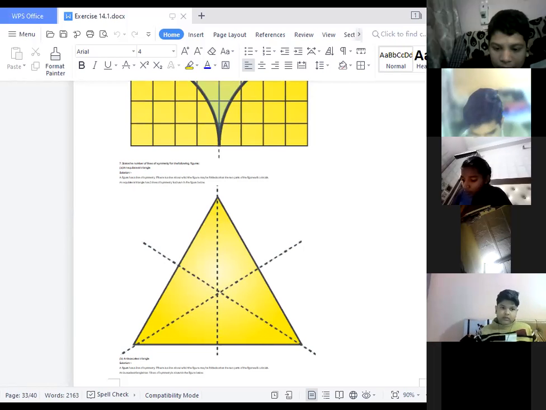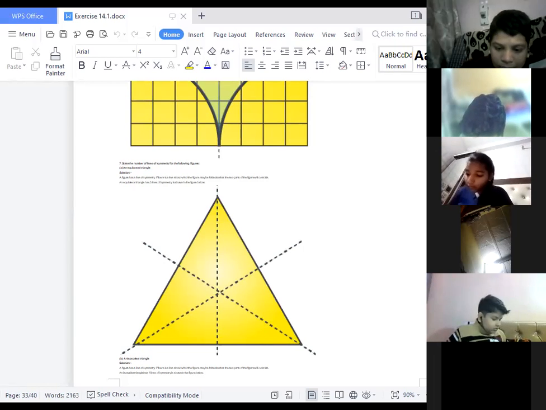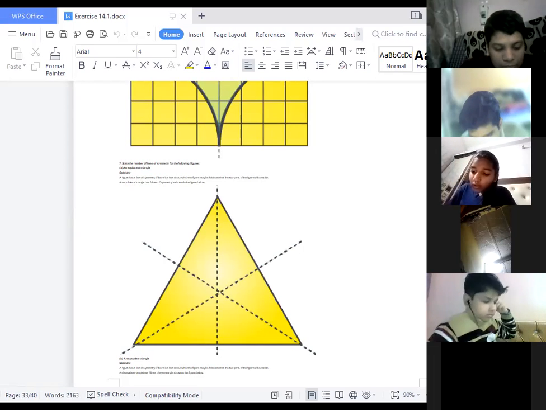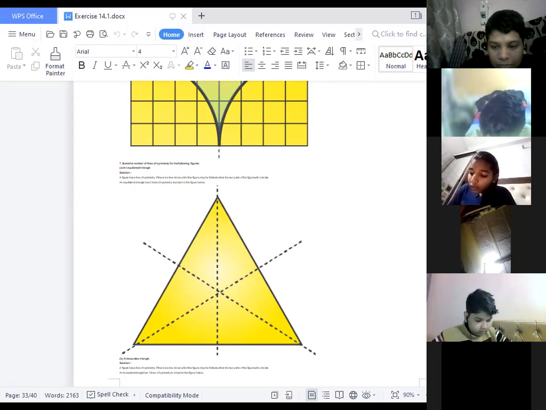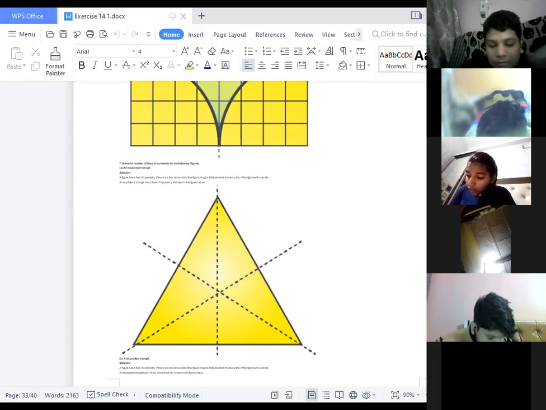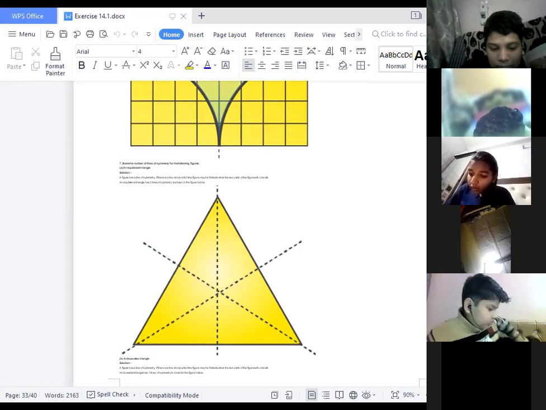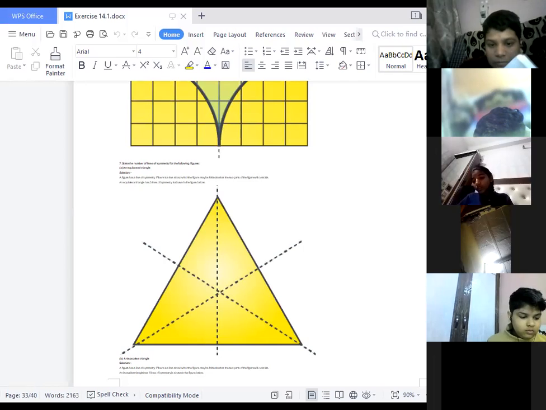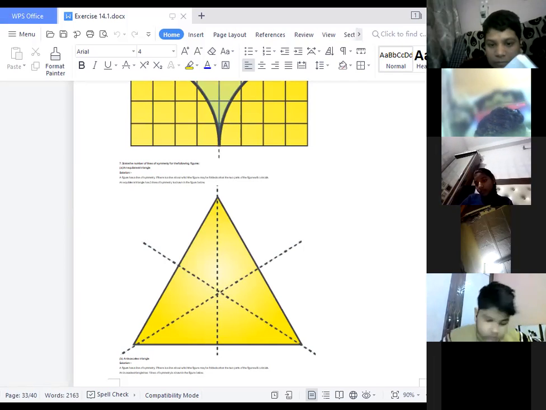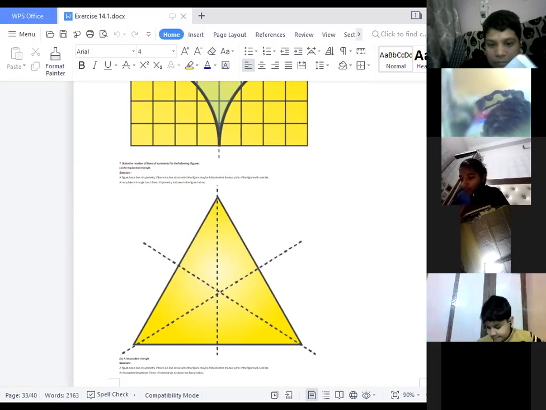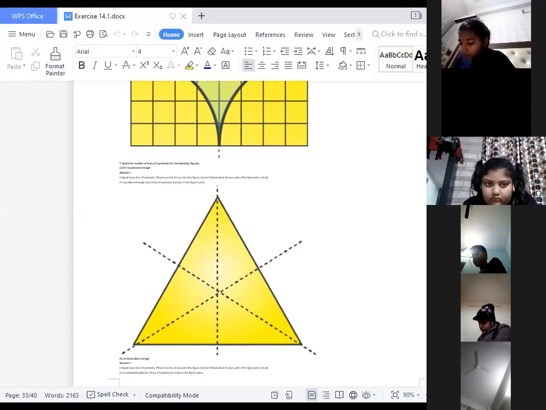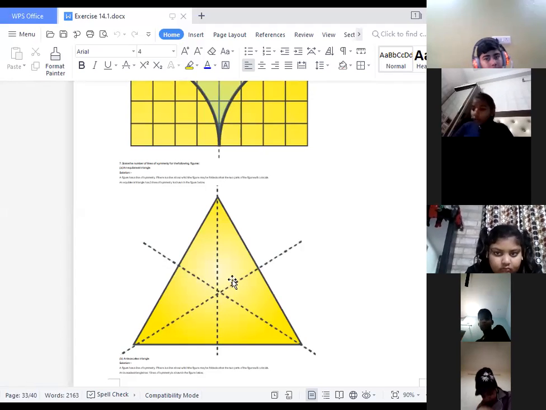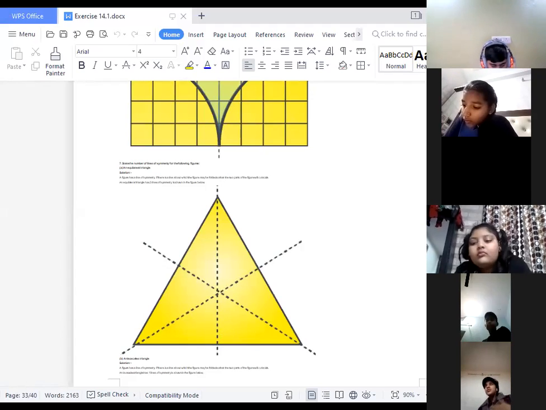All the sides are equal and 3 lines of symmetry will be passing through it. Next part, this is an equilateral triangle whose all the sides are equal. So we are going to draw 3 lines of symmetry in this.